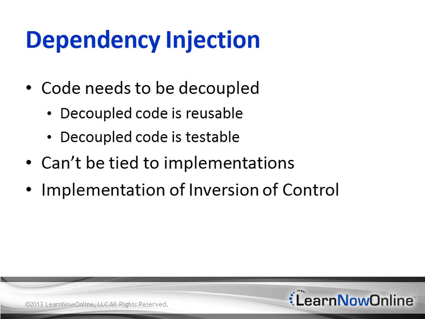This is an implementation of the inversion of control pattern, or the inversion of control principle. And it's just the idea that instead of a class controlling every single thing that class needs to do its job, it's going to turn that control over to the outside. Somebody else is going to make those objects and give them to that class.